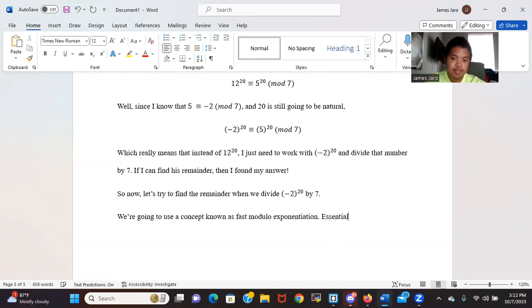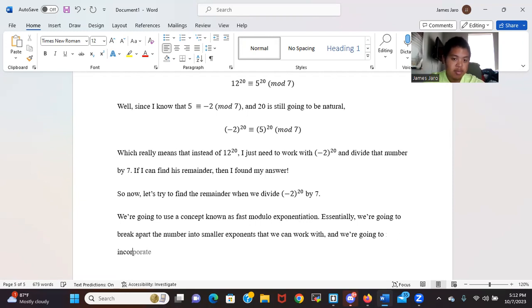Essentially, we're going to break apart the number into smaller exponents that we can work with, and we're going to incorporate modulo behaviors as needed.